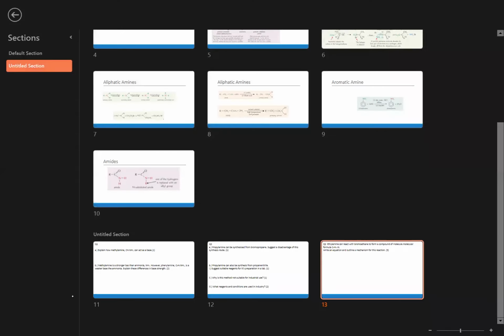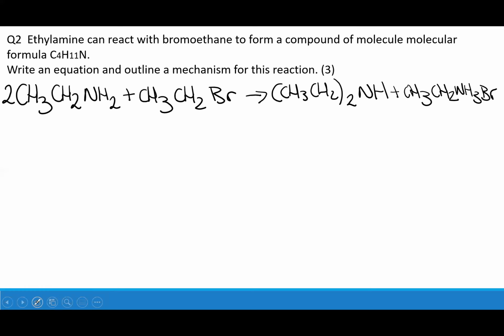Let's do this in a different colour so it's clear. Right, let's start this again because I threw myself off. Remember, draw those lone pairs on.